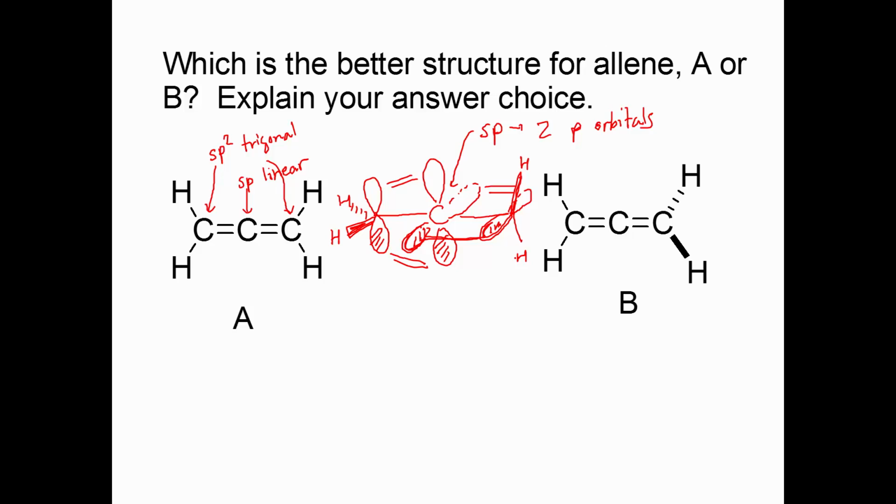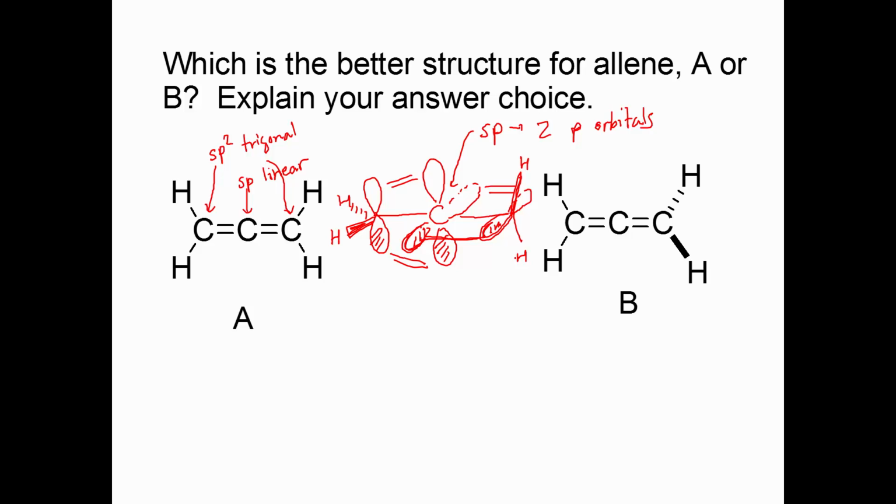So we should choose the structure where the outer carbons have opposite orientations for their planes. So we should choose the one where the left carbon has the plane of the board and the right one, or actually it would be the opposite here. Sorry about that.